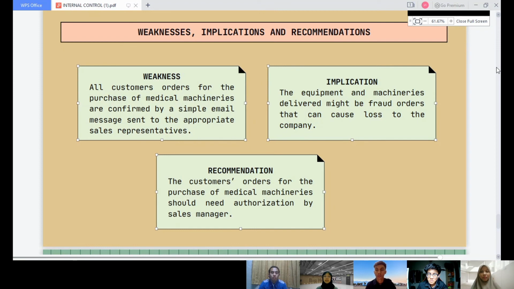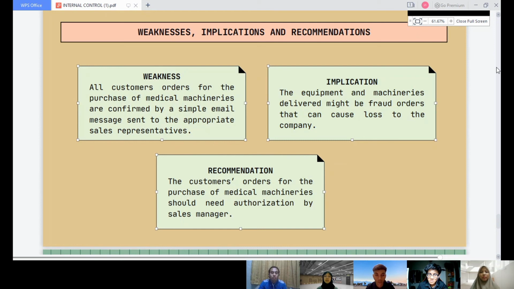From the third statement, we can see the weakness is that all customers' orders for the purchase of medical machineries are confirmed by a simple email message sent to the appropriate sales representative. The equipment and machineries delivered might be fraudulent orders that can cause loss to the company.